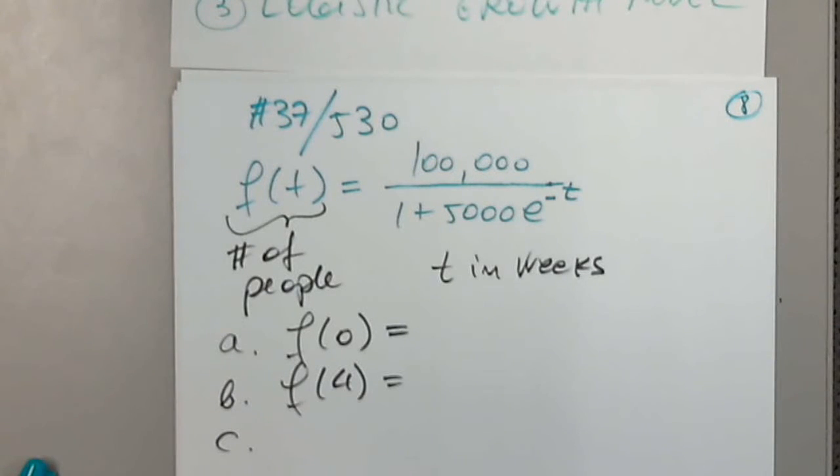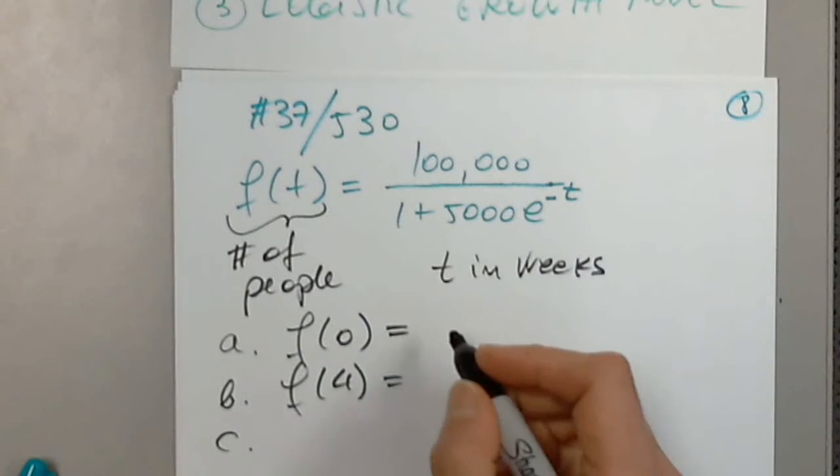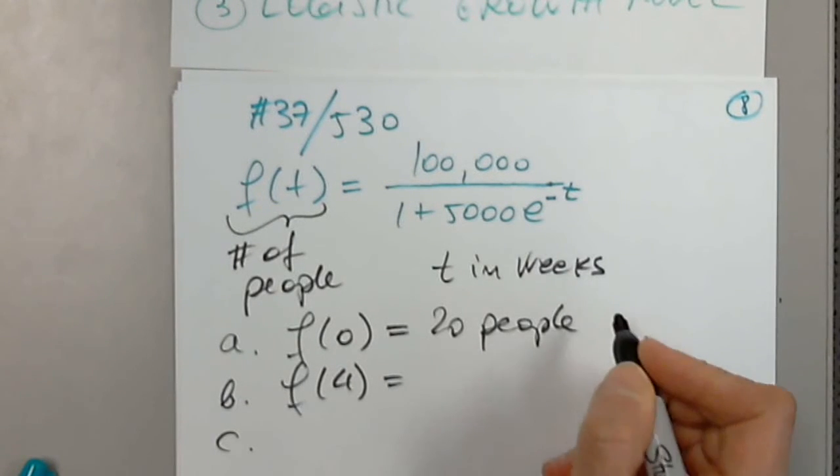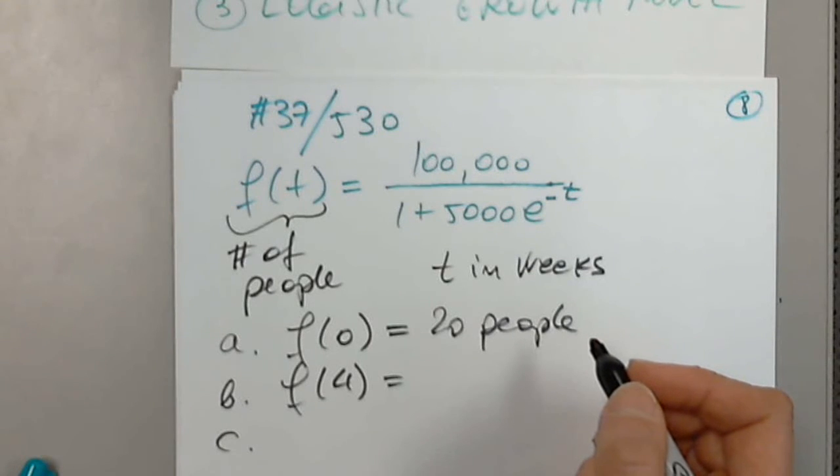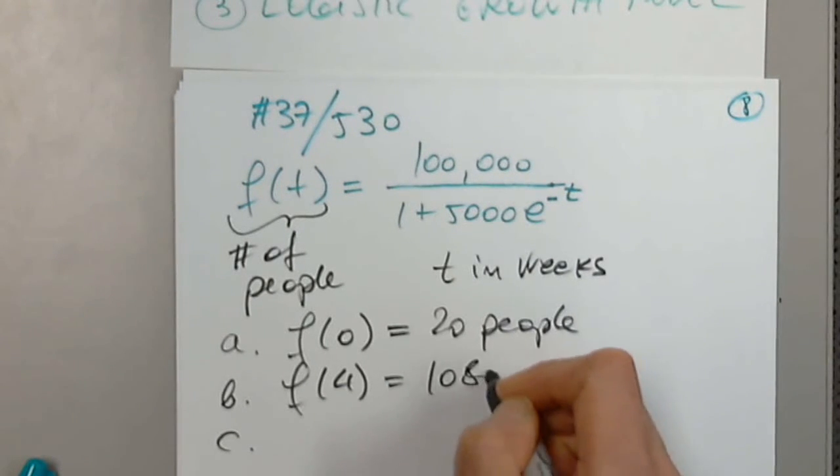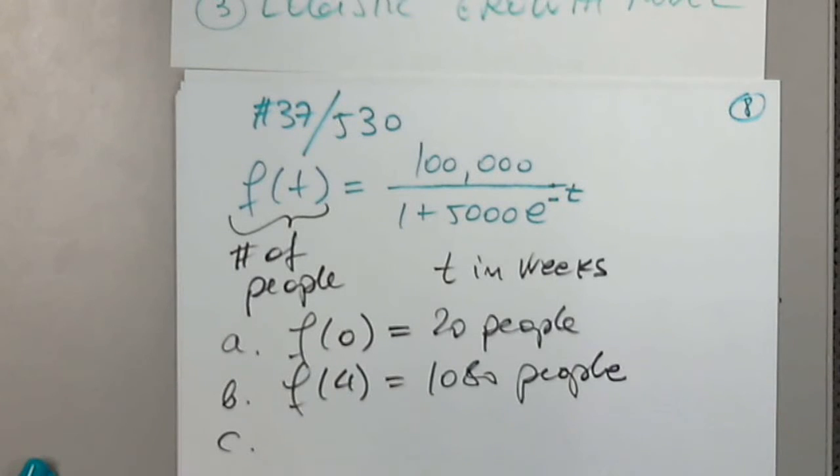Do we have this already? Yes? Okay, and then we go to second and table. I am going to plug in 0 and 4. So for 0, 20 people. And for 4, 1,080 people.